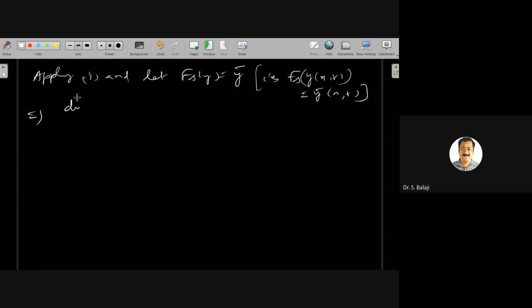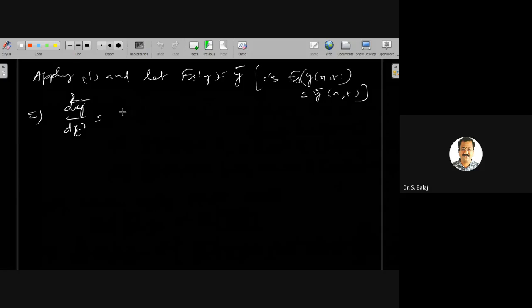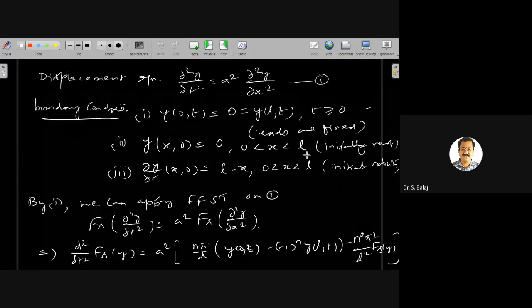This implies d square y bar by dt square equals 0 minus n square pi square a square by L square into y bar.